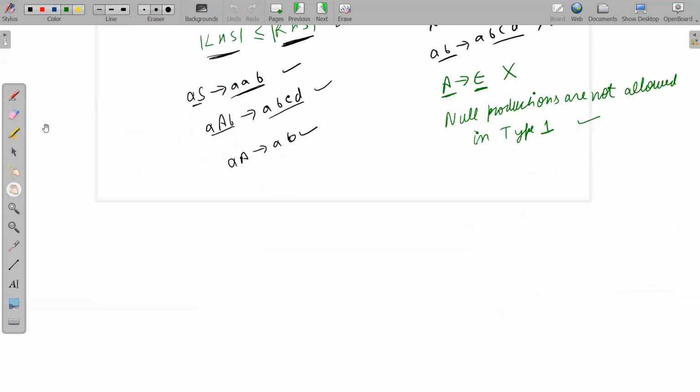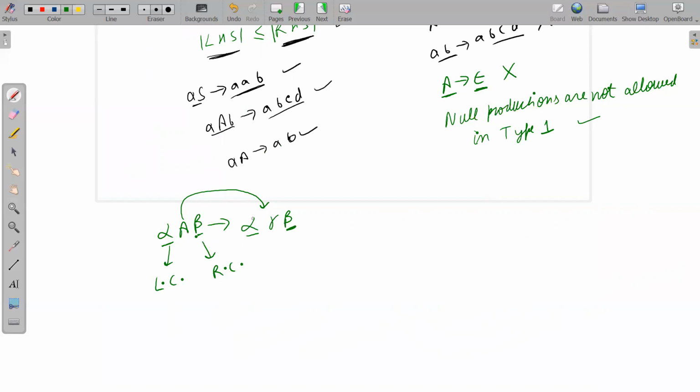See, what exactly is context? I am saying like this: alpha A beta implies alpha gamma beta. So A is changed to gamma in presence of this alpha and beta. Here alpha is known as left context and beta is known as right context.